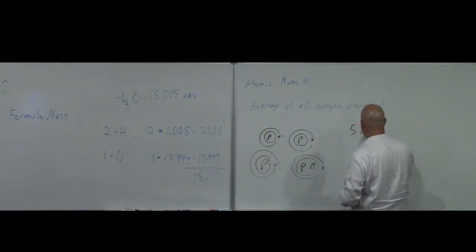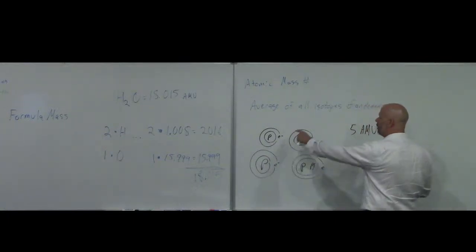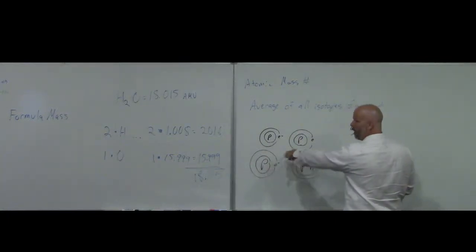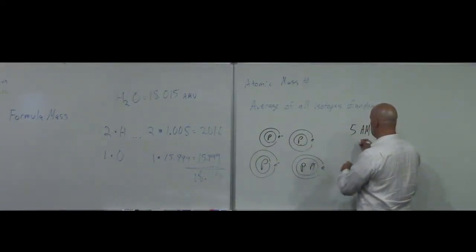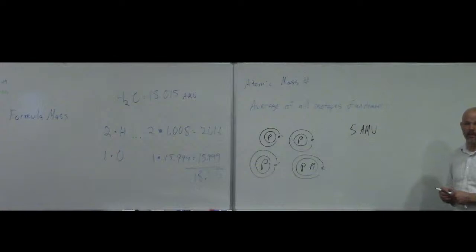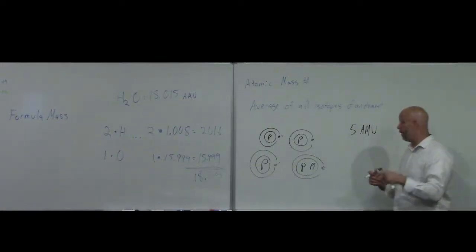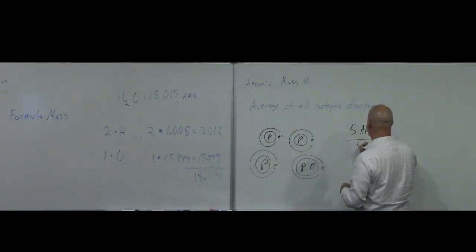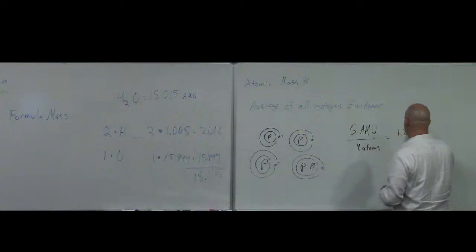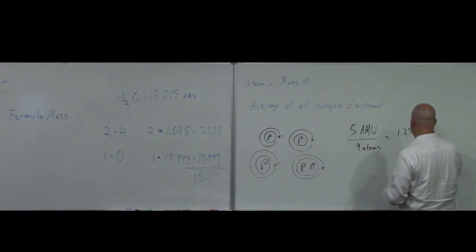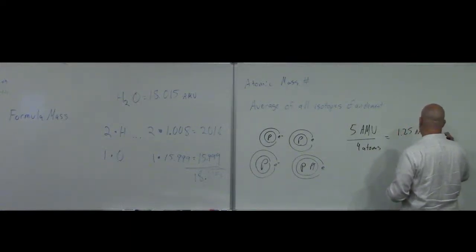Now I want to know what the average is for any one of these isotopes. So what do I do with my 5 AMU? Divide by 4. That would be 1.25 AMU per atom.